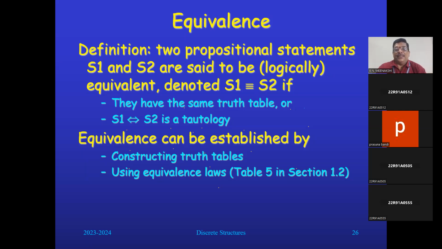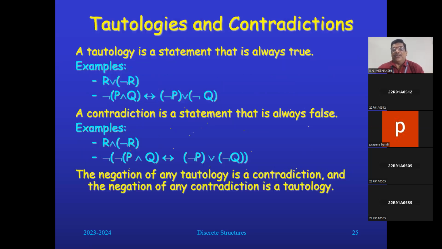Equivalence can be established by constructing the truth table or without constructing it. Then another definition is a tautology. What is meant by the tautology? A tautology is a statement that is always true.